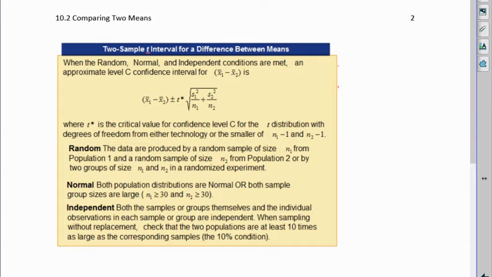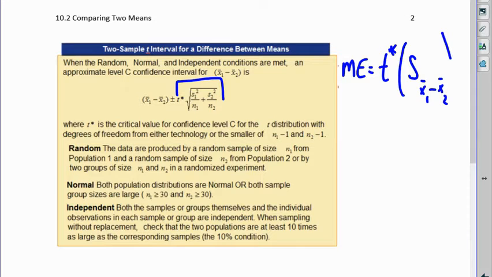Okay, so this just summarizes the formula for a two-sample confidence interval for the difference of two means. And remember that this is your margin of error. So your margin of error is going to be that critical t value at whatever alpha you're at, times the standard error for your difference of two means.